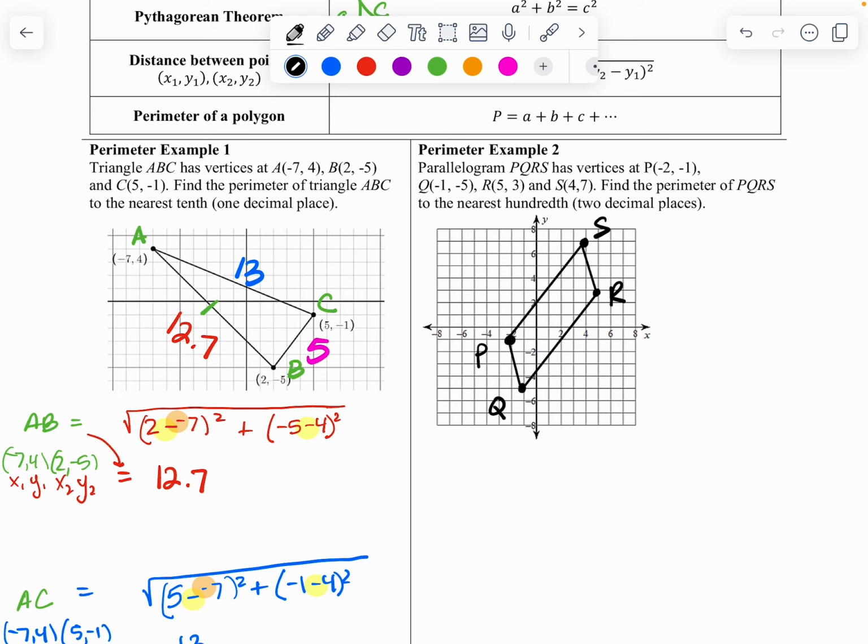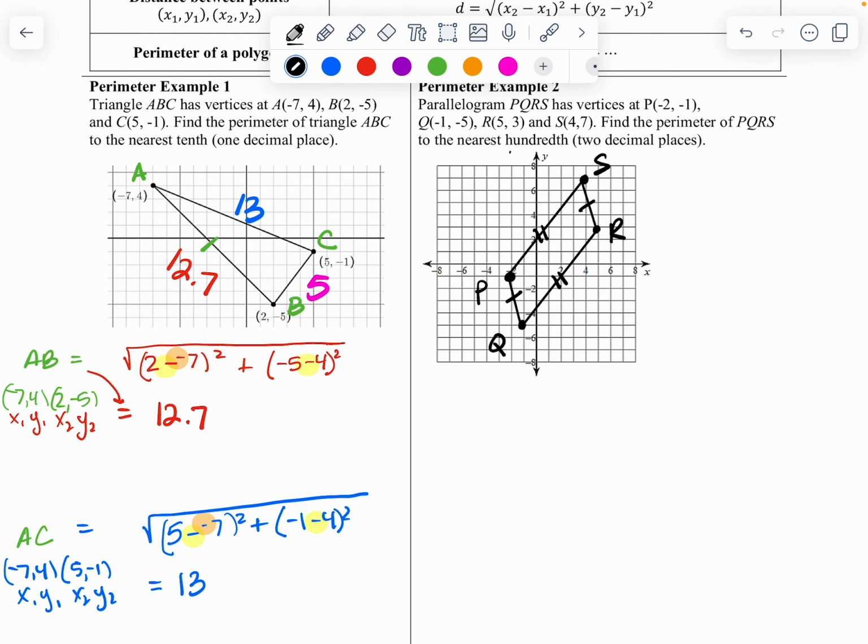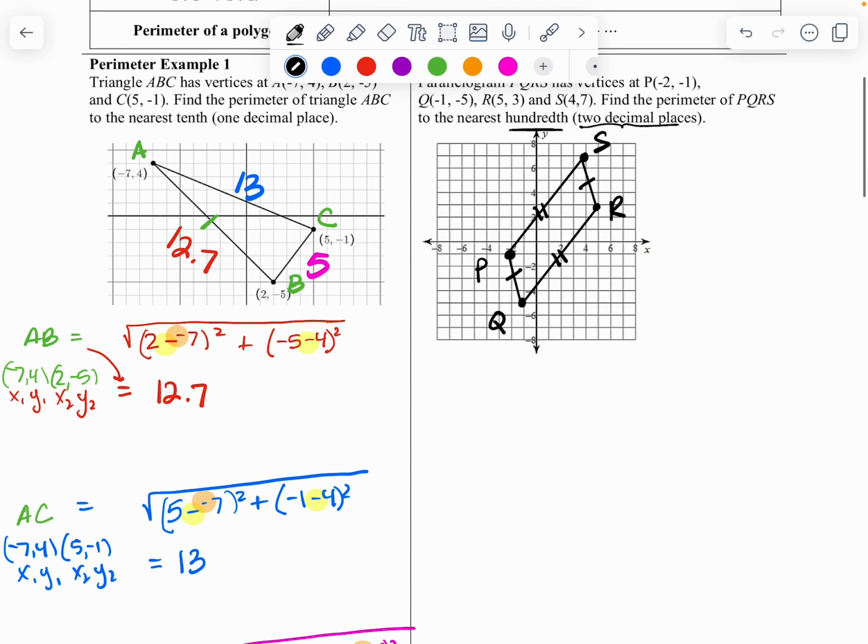Now, even though it has 4 sides, I know that those 2 sides are congruent, and I know that the 2 ends are congruent. So I only have to find the distance of 2 of those sides, and then I can just double it. Also pay attention that this time we're rounding to hundredths, which is 2 decimal places instead of 1.